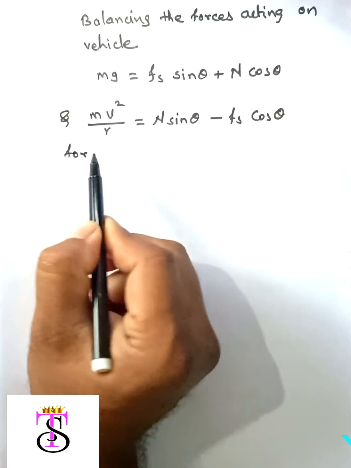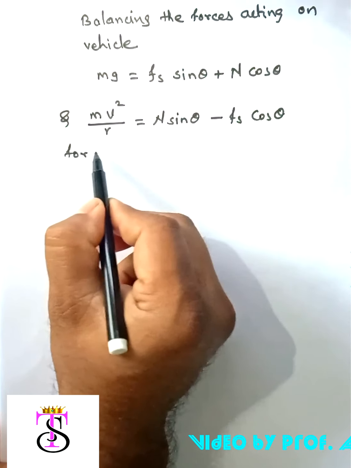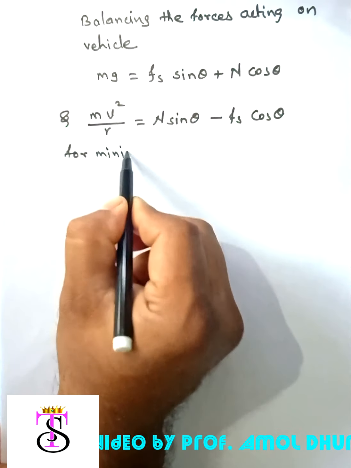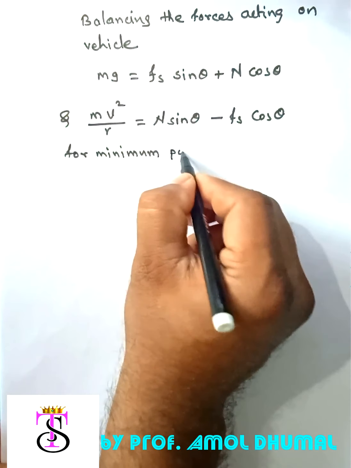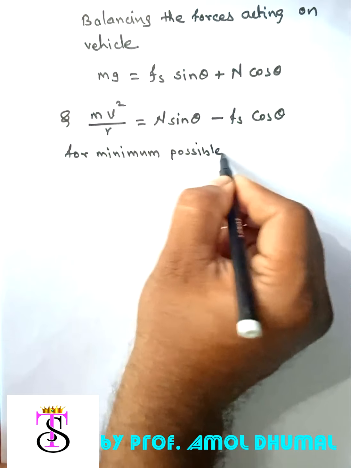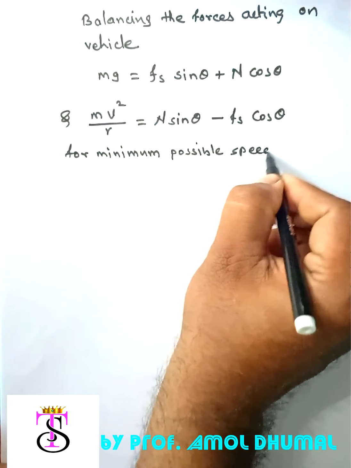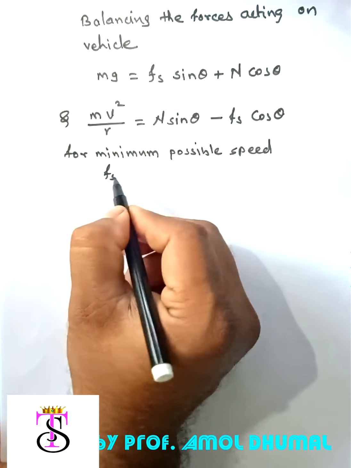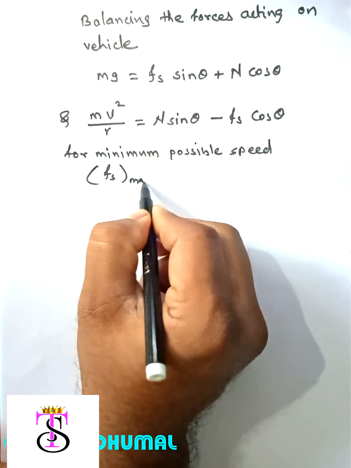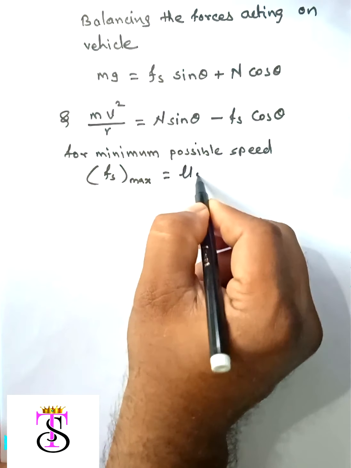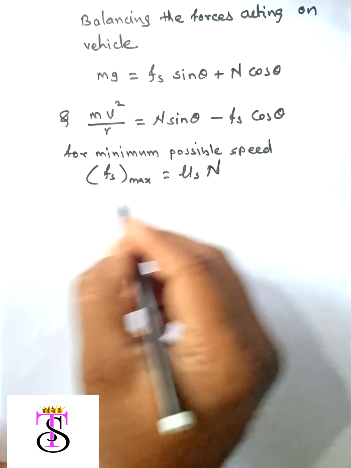For minimum possible speed, Fs must be maximum, that is mu s into n.